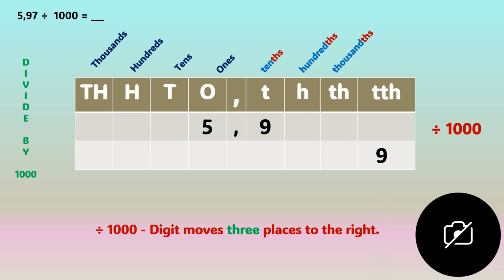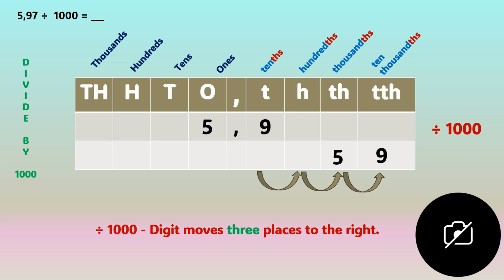So our 9 goes 3 places to the right. 1, 2, 3. Our 5, 3 places to the right. 1, 2, 3. Then we add a 0, and then we add another 0. And our comma, we added a 0.